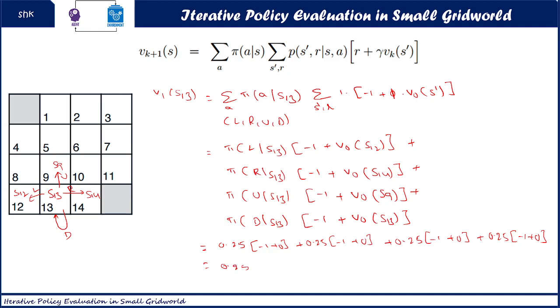If we take 0.25 as common, what is left by adding is minus 1, minus 1, minus 1, minus 1, which will give us 0.25 into minus 4, which is equivalent to minus 1.